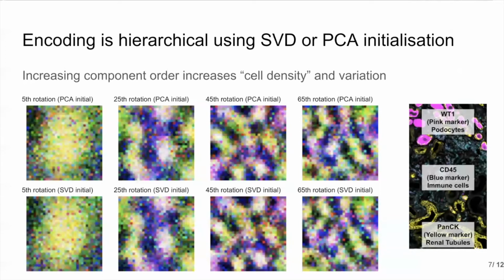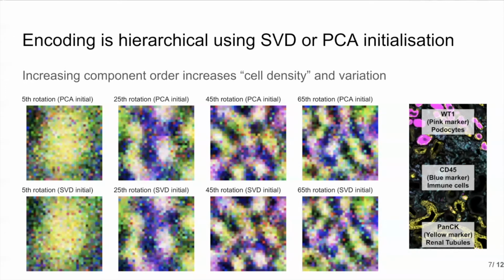One other interesting concept was the fact that when using SVD or PCA initialization, the components, when taken in rank order, increased in variation. So the top row corresponds to PCA initialization, and the bottom row corresponds to SVD initialization.